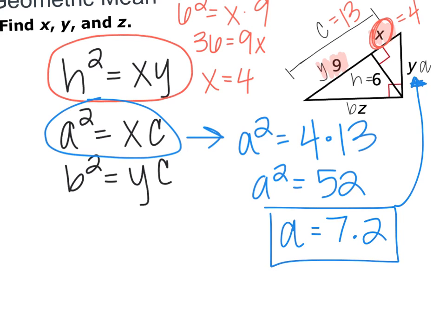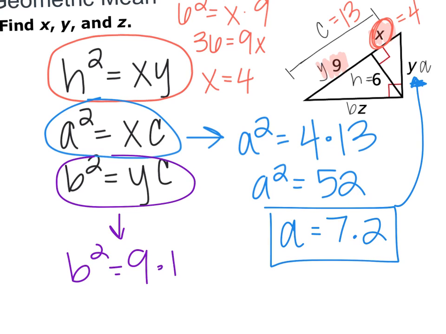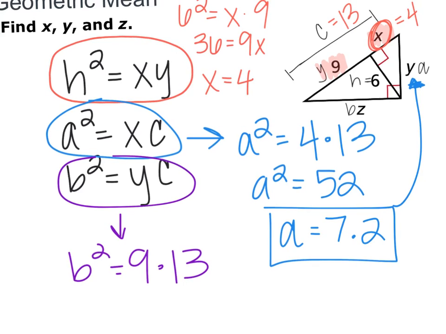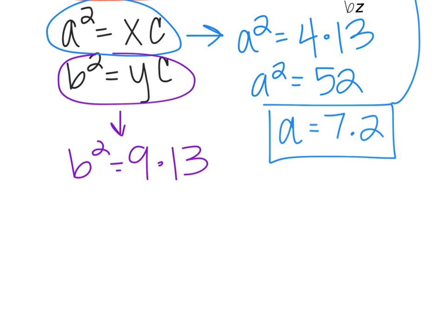To solve for b, we know that b squared is equal to 9 times 13. 9 times 13 is 117, so b squared equals 117.